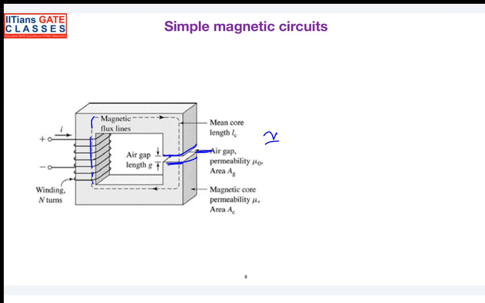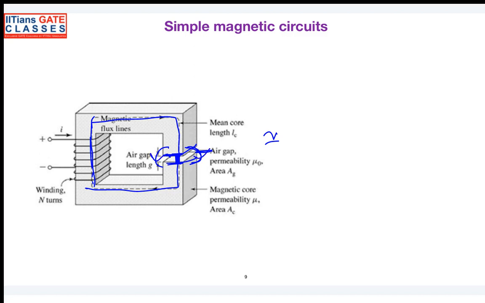Whatever flux is generated here will pass through the core, and some flux passes through this air gap also, making a loop. When it moves out of the core and enters the air gap, there will be some fringing fields. So the magnetic flux lines tend to expand in this particular region.